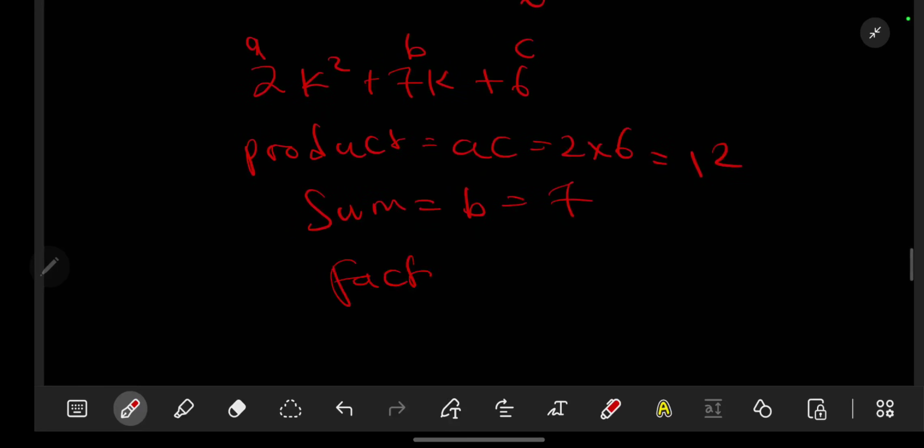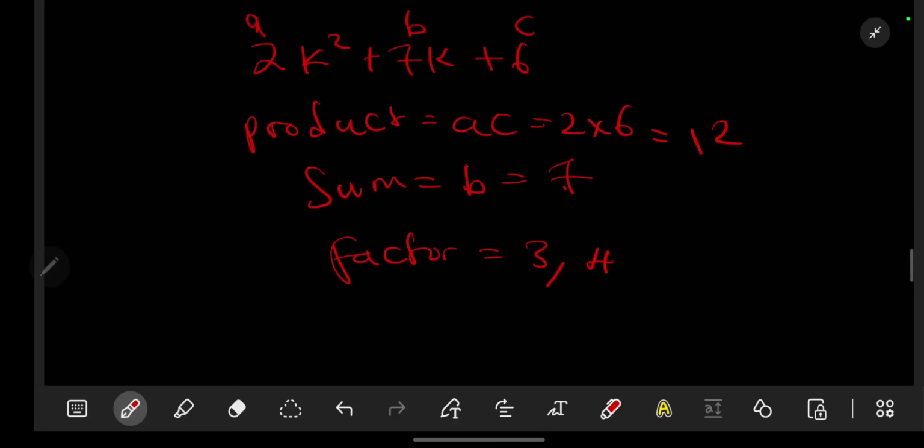So two numbers which when we add them give us 7 and when we multiply them give us 12 are 3 and 4. So we have 2k squared plus 3k plus 4k, so that 3 plus 4 gives us 7, then plus our 6.